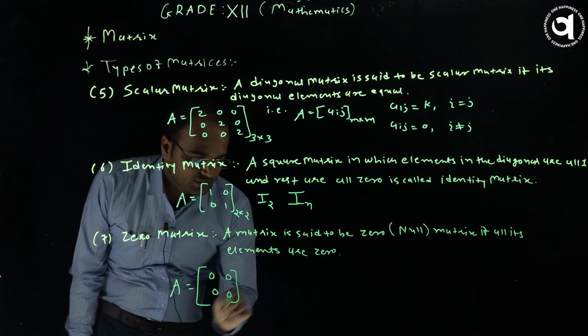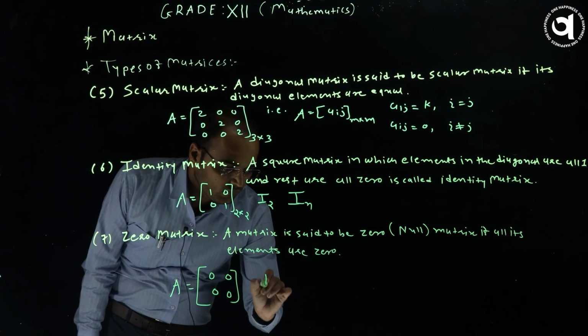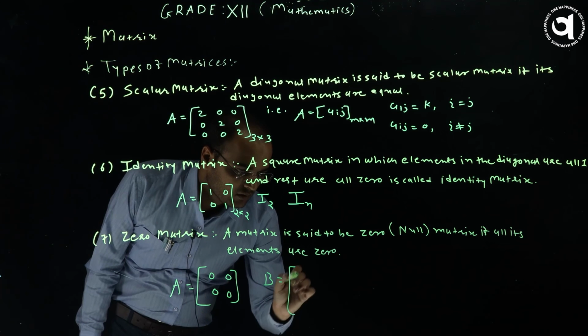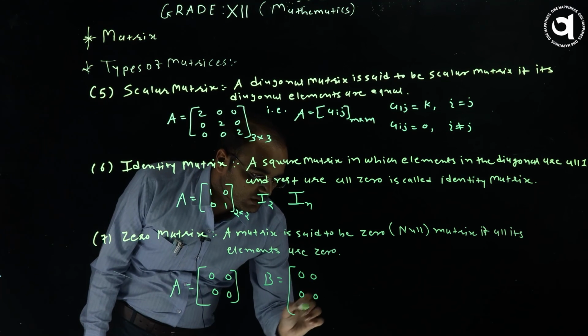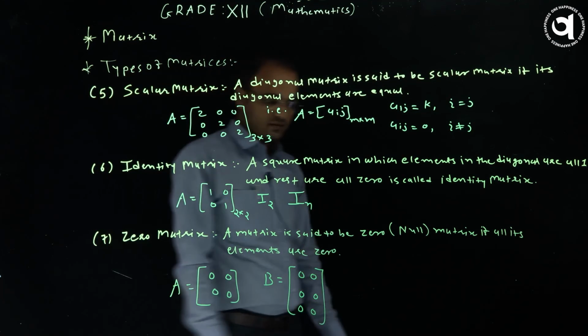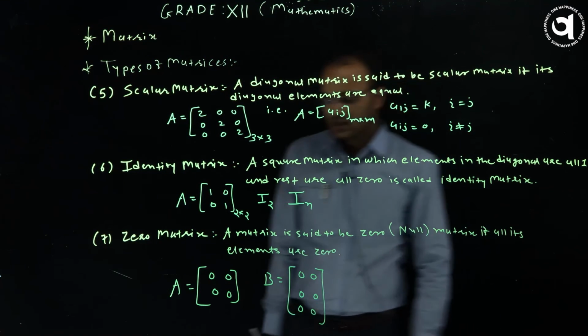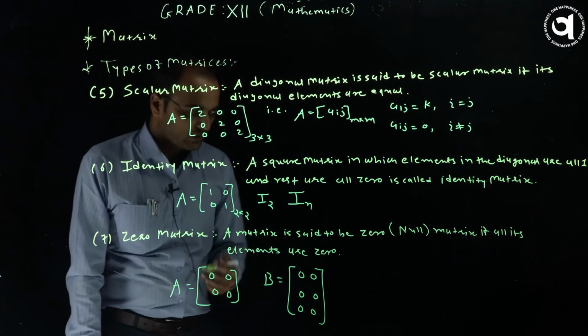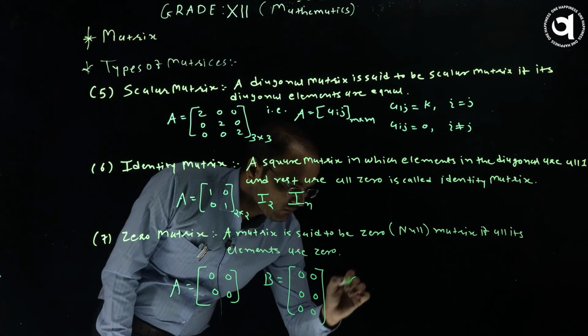This is a 2 cross 2 zero matrix, [0 0; 0 0]. That means a zero matrix need not be a square matrix, and the general notation for the zero matrix is O.